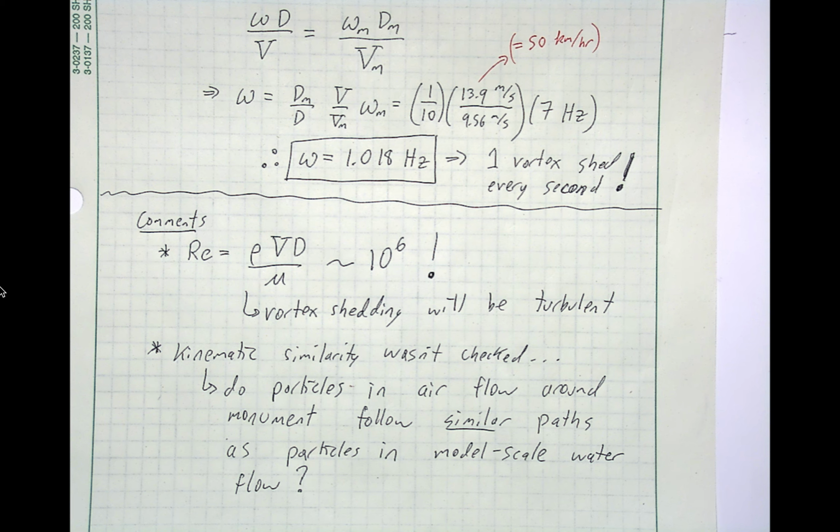So do air particles act the same when it goes around the monument in the full-scale system as the water particles do in the model scale system? They being different fluids, that might be something that you would consider, but it's actually hard to always consider all similitudes at the same time.